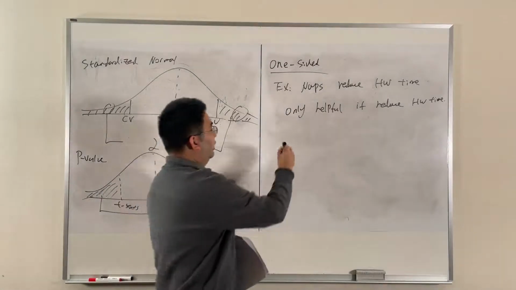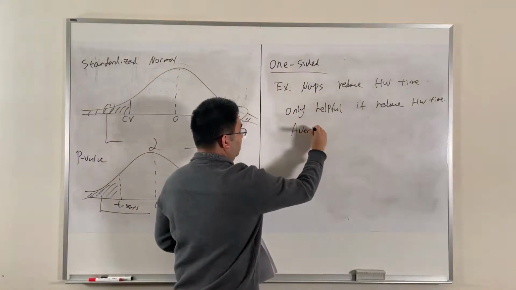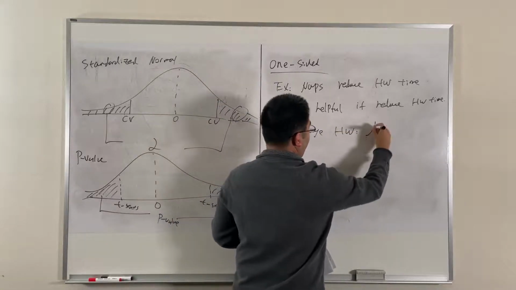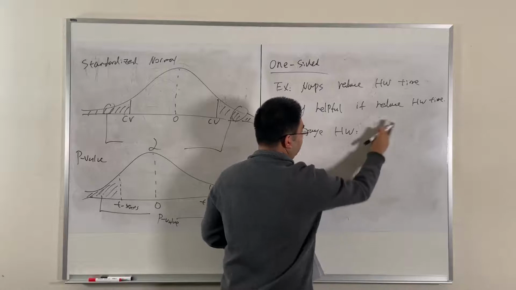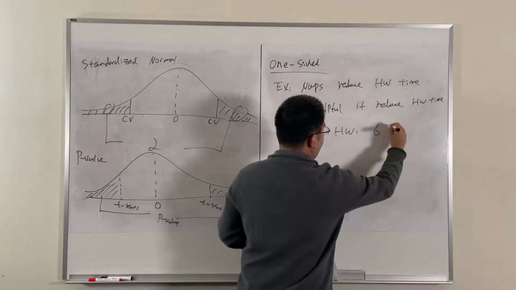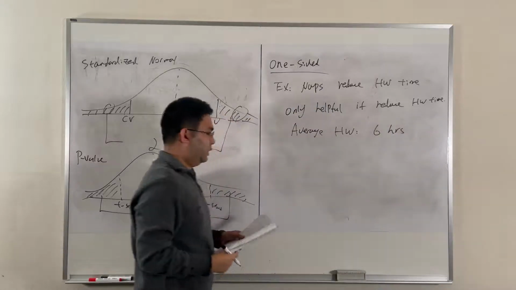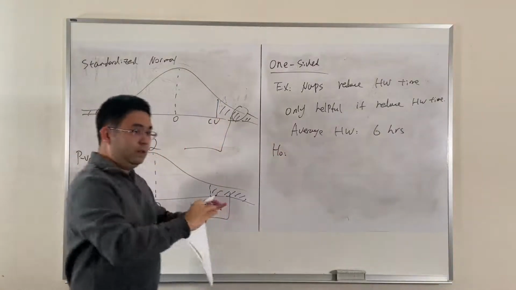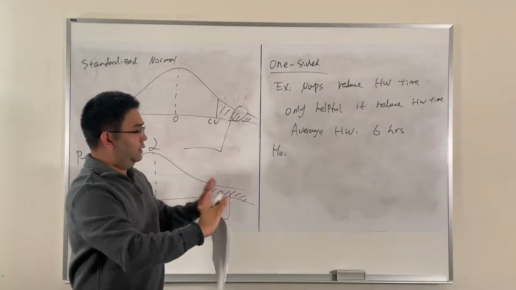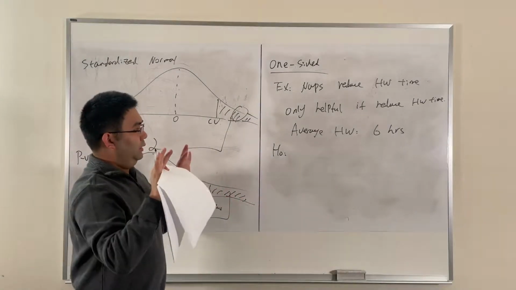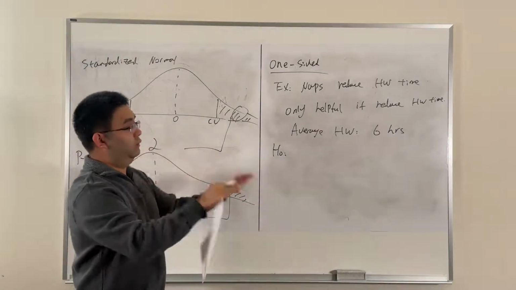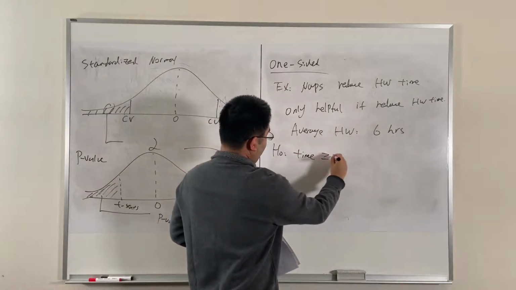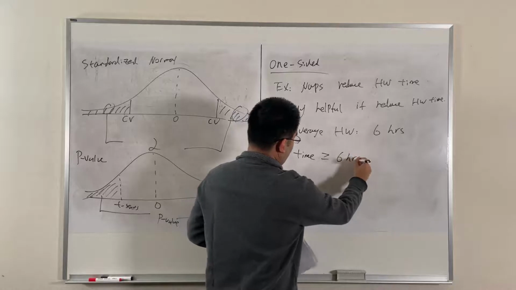And let's say your average homework time, let me just put a number here, right? 6 hours. Okay, if your homework time is 6 hours, then your null hypothesis again is the hypothesis that nothing changed, or naps are not helpful. So this one is homework time is greater than or equal to 6 hours.